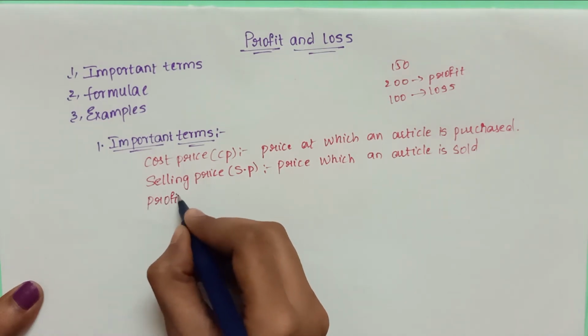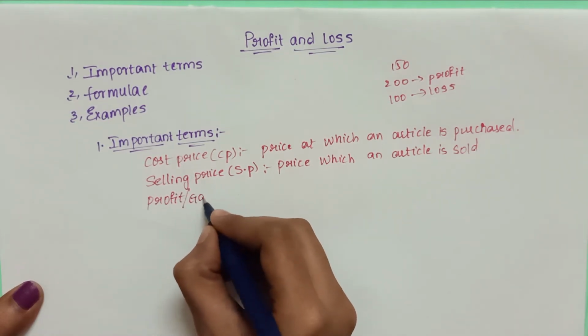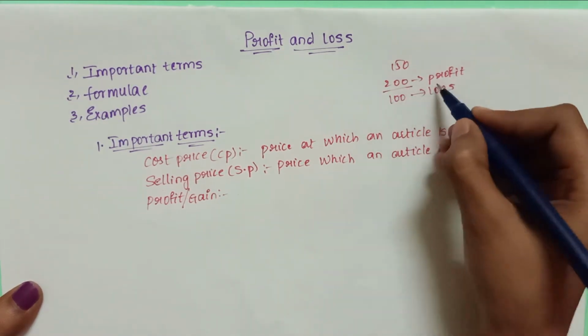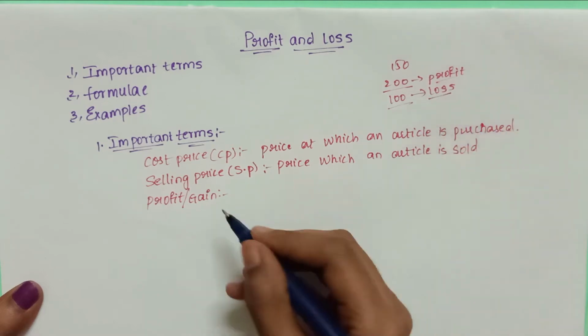Profit and gain. Before, I explained where 200 is profit and 100 is loss.